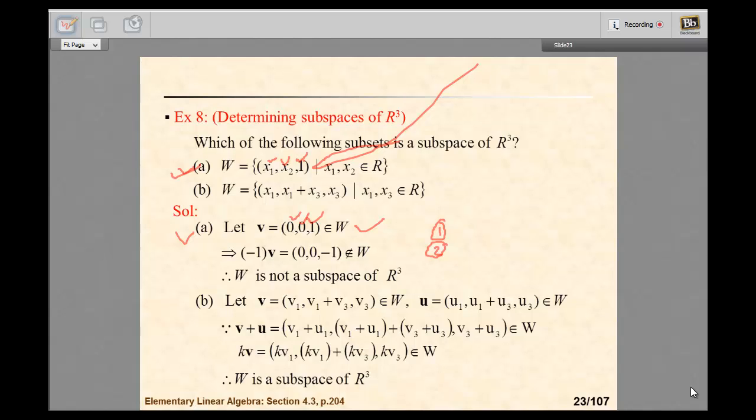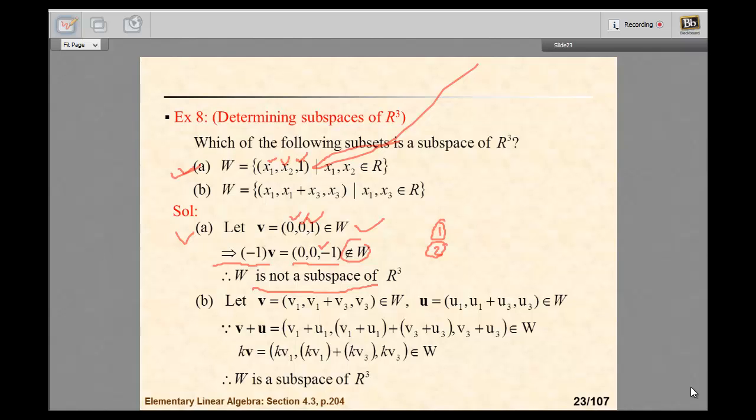Let us check the second property: if we multiply a scalar, minus 1, with that vector, we get (0, 0, minus 1). It does not belong to W because minus 1 in the third place is not allowed. So we say that it is not a subspace.